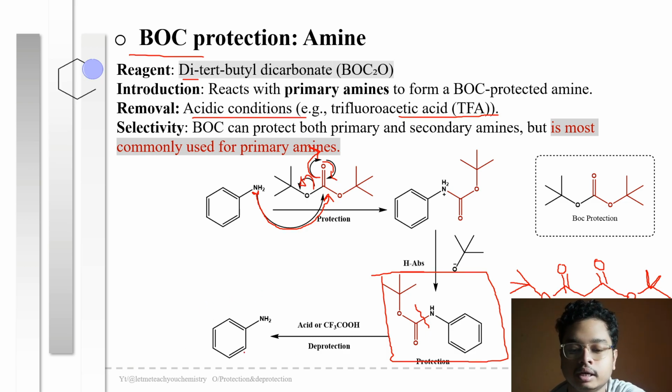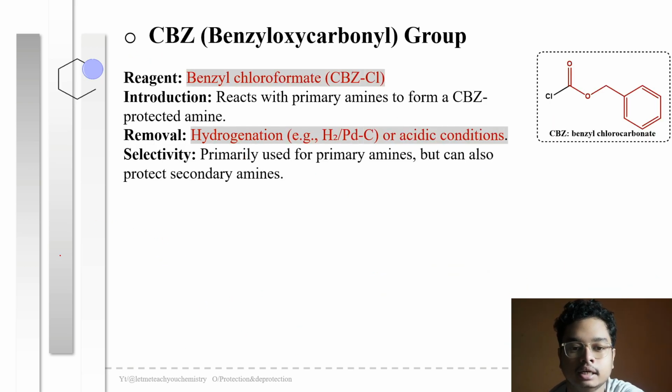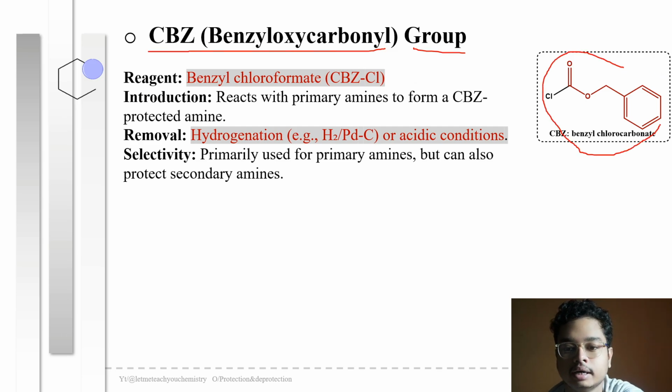Now we move to the third protection strategy, Cbz, the benzyloxycarbonyl group. The reagent is benzyl chloroformate. This is our Cbz reagent or Cbz protecting group, and for introduction it reacts with the primary amine to form a Cbz-protected amine.